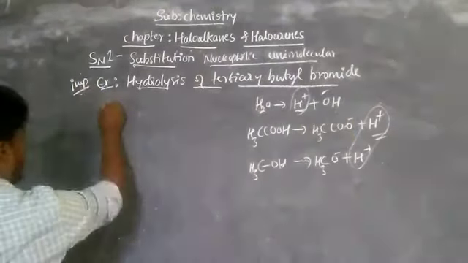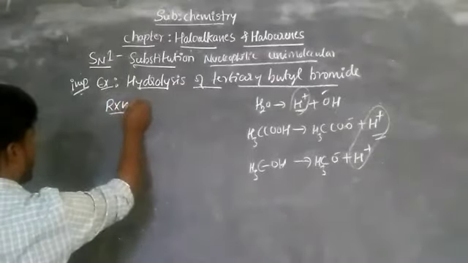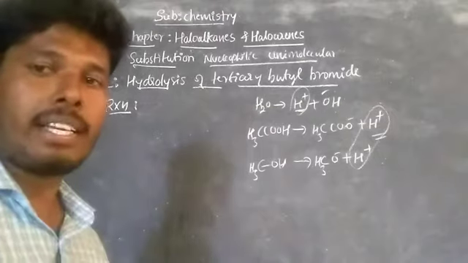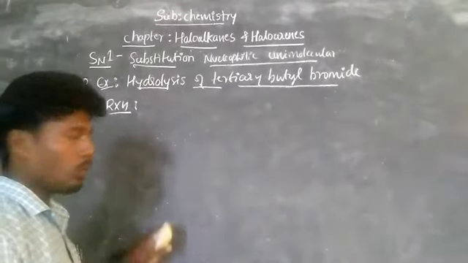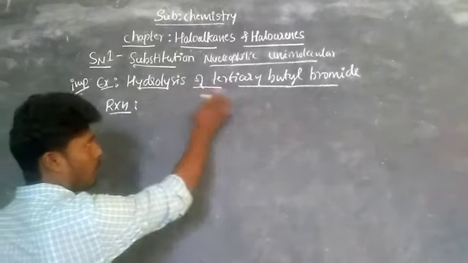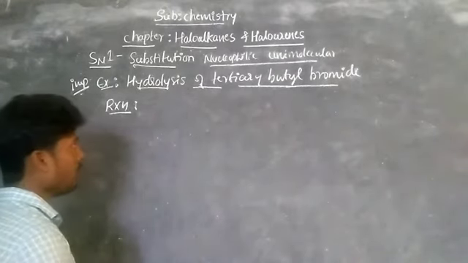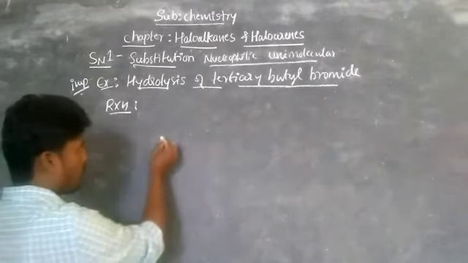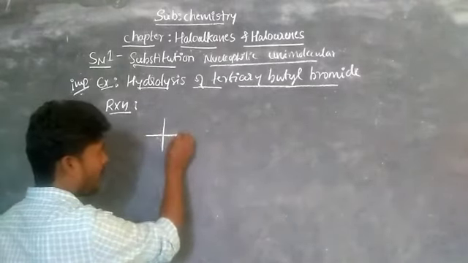Before knowing the mechanism of SN1 and SN2, take the reaction. Here the reaction is hydrolysis of tertiary butyl bromide. Observe how to write the tertiary butyl bromide.